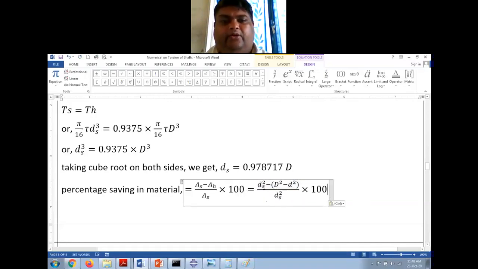Okay, now ds is this much, d is D by 2, capital D by 2. So you have to substitute everything in terms of capital D, right?